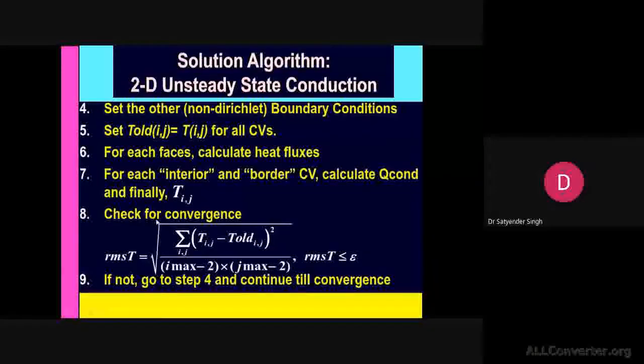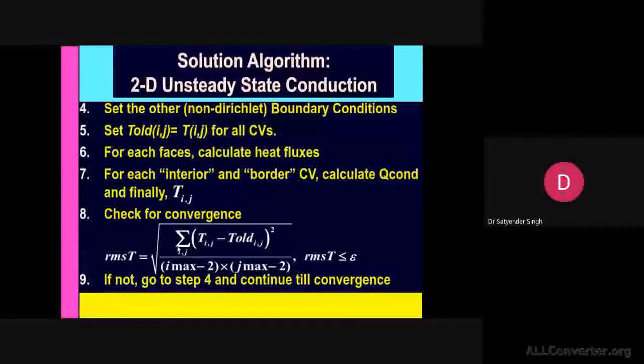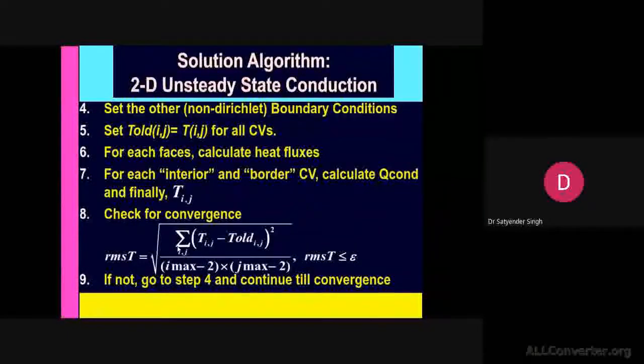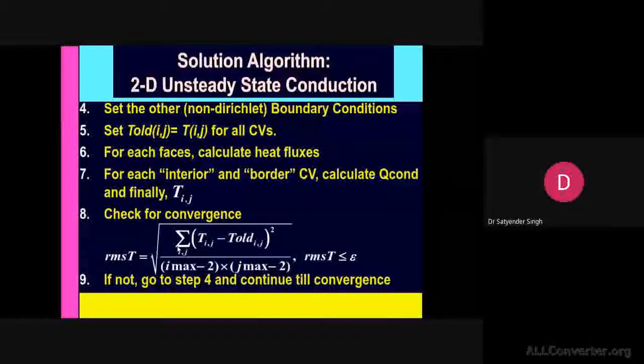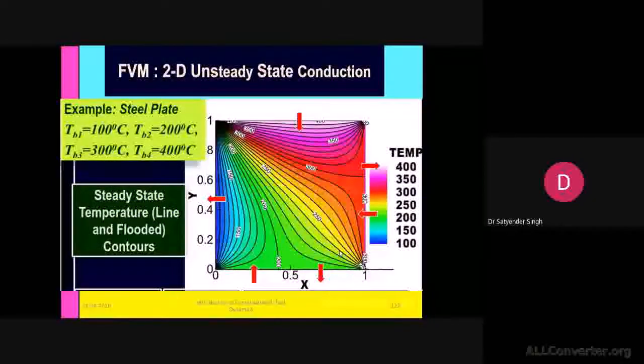Then we can make one convergence criterion based on the root mean square of the difference between the two states of the temperature, for the next time level and the previous time level. Then we will set one error, and accordingly it will be solved. While this satisfies the error, the code will stop. Okay, so this is the graphical representation. Likewise, we can obtain it from the code.